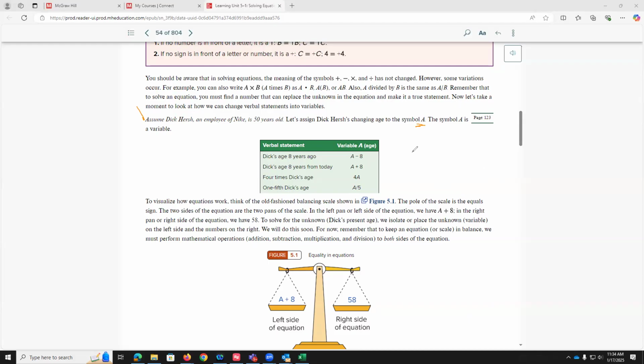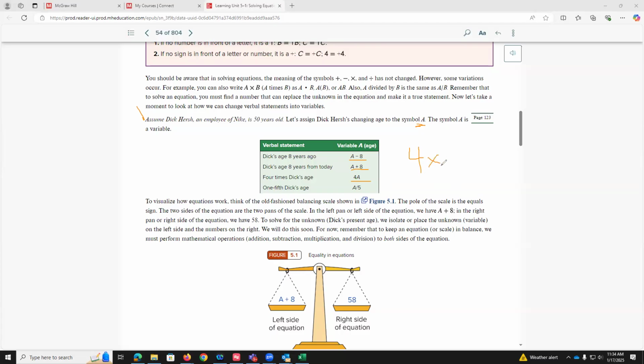So we're calling Dick's changing age an A. So Dick's age 8 years ago is his age minus 8. So 8 years ago it's age today minus 8. And his age 8 years from today in the future, well, we're going to add an 8 to his age. And then if we say somebody is 4 times Dick's age, we're going to say 4A.